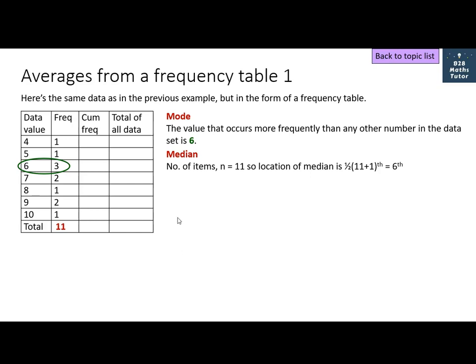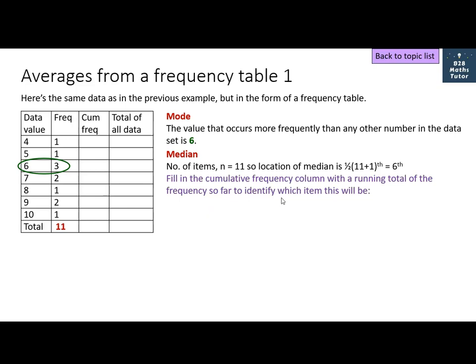But with a frequency table, the way you do it is you fill in a cumulative frequency column with a running total of the frequency so far. So up to the end of this group, we've got 1. Up to the end of the 5s, we've got 1, 4 and 1, 5, giving us 2.